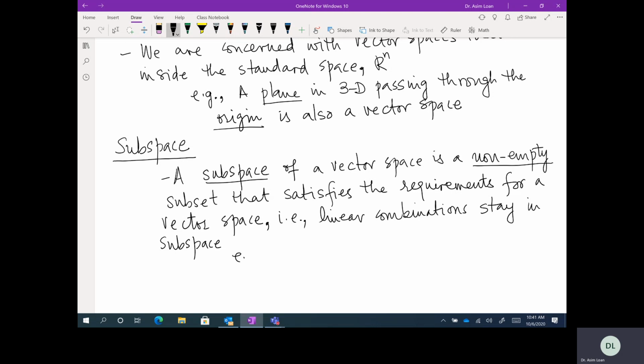for example, x plus y is in the subspace and C times x is also in the subspace.